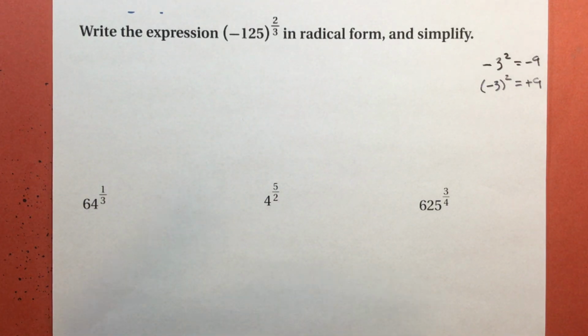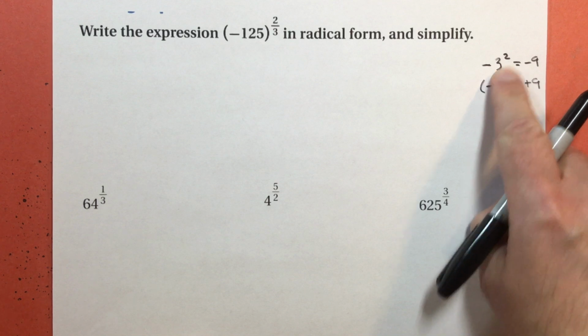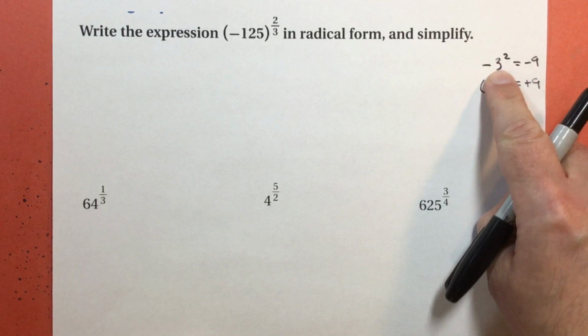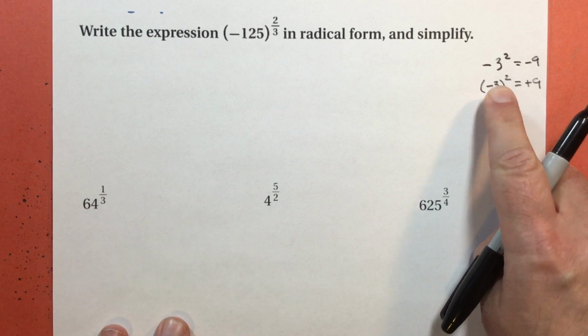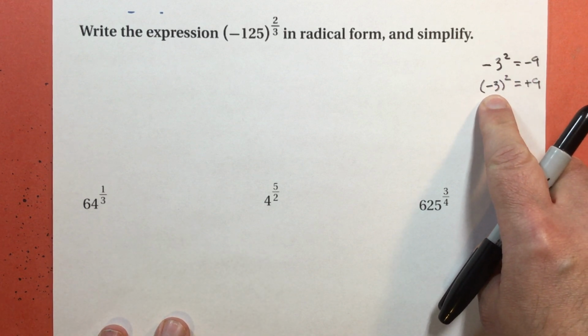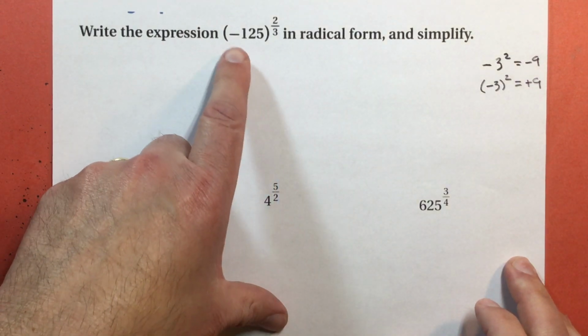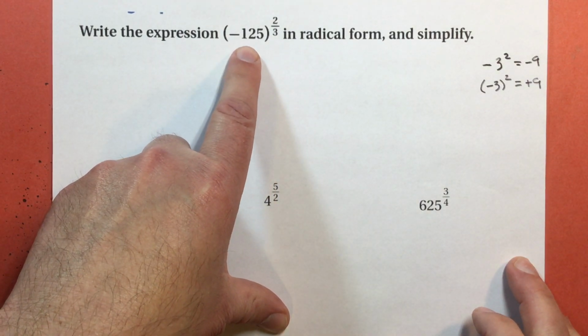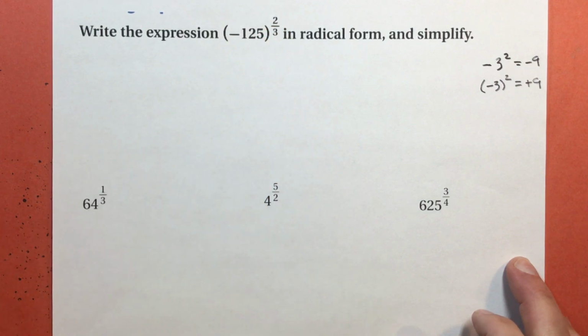It's code. So just remember what the code means. When you see it without parentheses, you do the exponent first, then take the opposite of whatever the power is. And when you see it with parentheses, it's saying, no, it's the number negative 3 that I want you to square. So in this case, it's the number negative 125 that I need to raise to the 2/3 power.